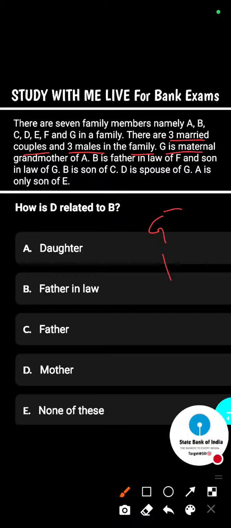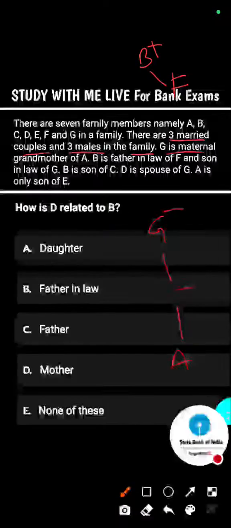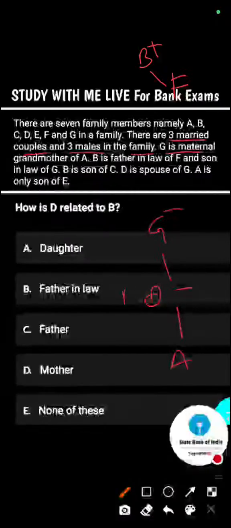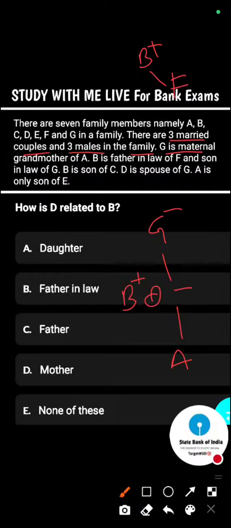G is the maternal grandmother of A. B is the father of F and son-in-law of G. Son-in-law of G means this is B. B is the son-in-law of G, and saying that B has a child F.